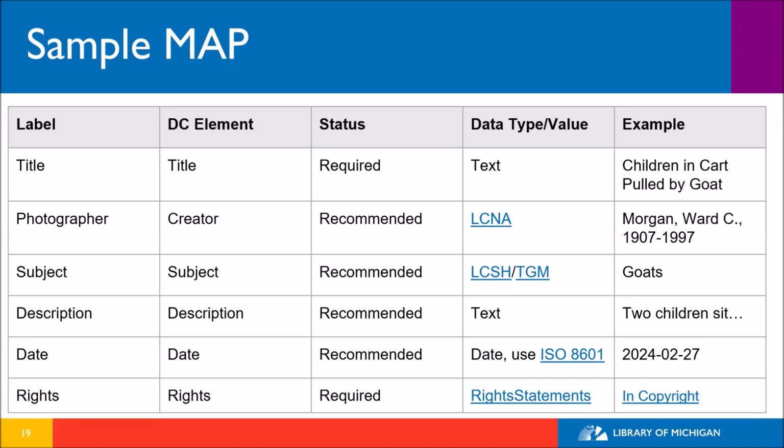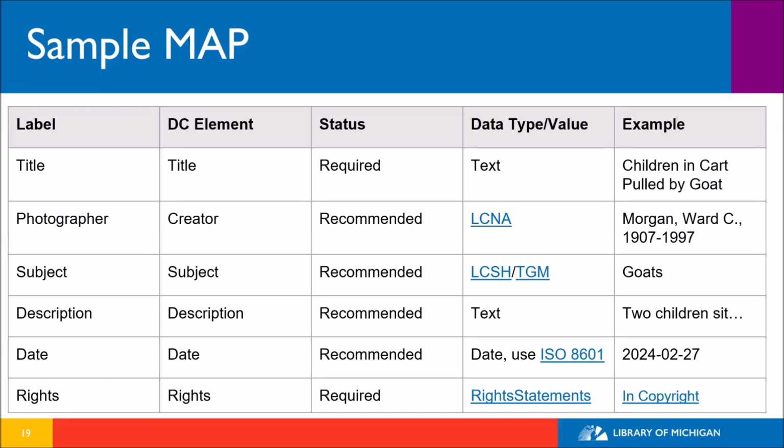So title and description are free text here, but you'll see that I've required controlled vocabularies for creator and subject, and an ISO standard for formatting dates, and a standardized rights statement provided by rightstatement.org for the rights field.